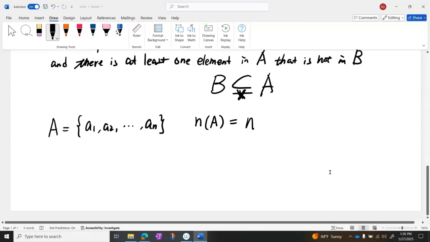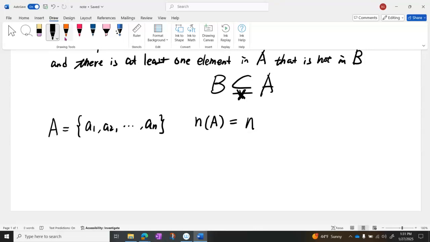So we're going to apply the process we applied earlier to find the number of subsets for this set. The process would be n steps. The first step, I consider include or exclude a sub 1, right? So 2 options. Second step, I consider include or exclude a sub 2, 2 options.